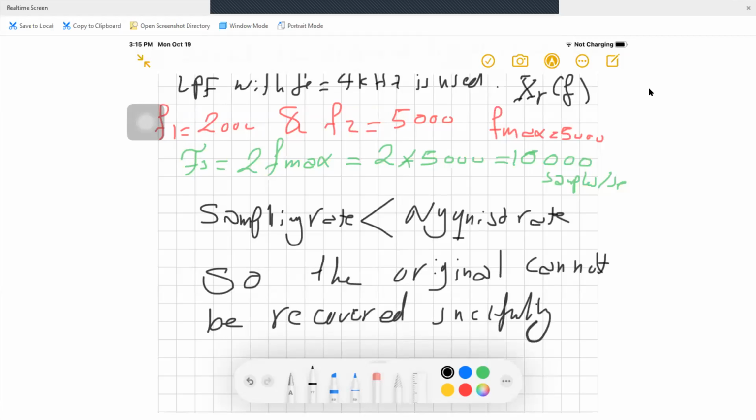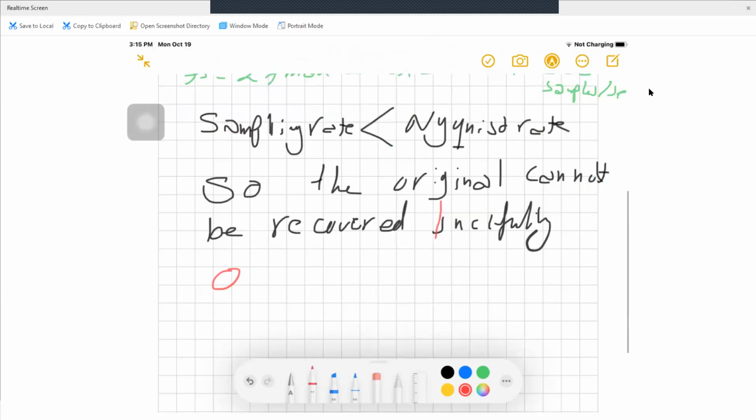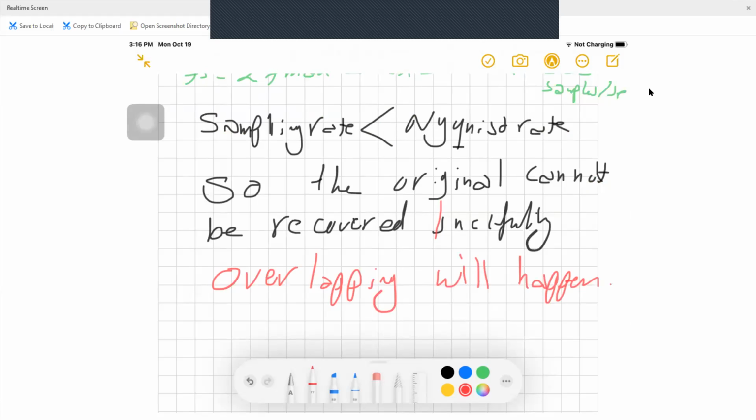Well, what will happen, of course, I expect that overlapping will take place. Okay, so in this case, we have overlapping.